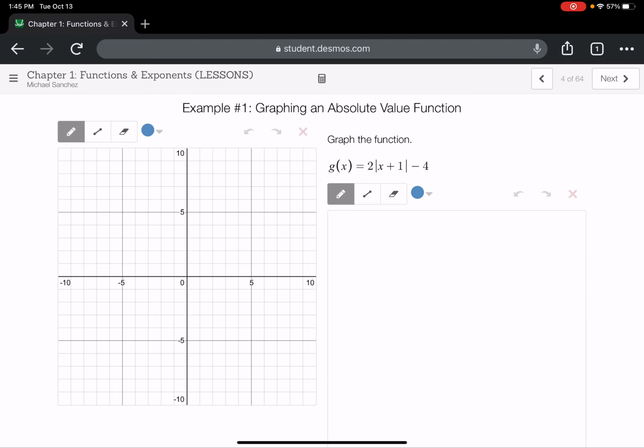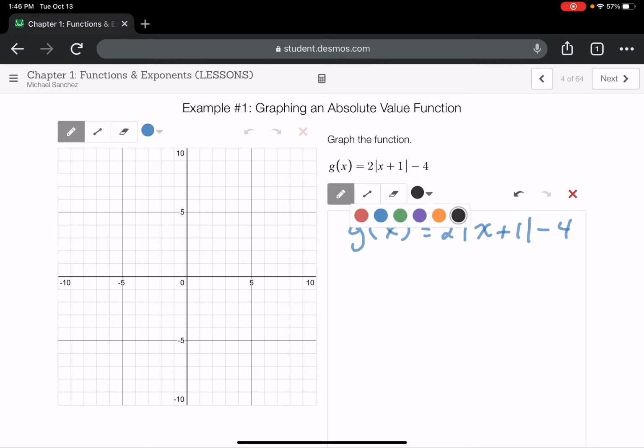Example number 1 is graphing an absolute value function. So here I have a function g of x is equal to 2 absolute value of x plus 1 minus 4. So I'm going to go ahead and write that right here because we're going to break down our function. So this is our function.